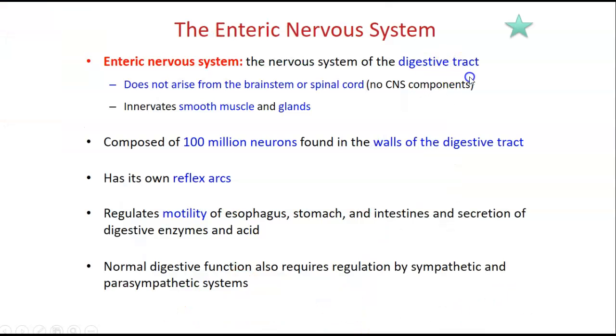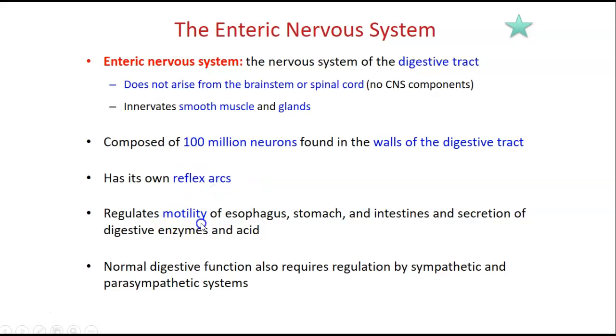On the digestive tract, there's a nerve system that is independent from the brain or spinal cord. This is called the enteric nervous system. It innervates smooth muscle and glands. It is composed of 100 million neurons found in the walls of the digestive tract. It has its own reflex arcs.